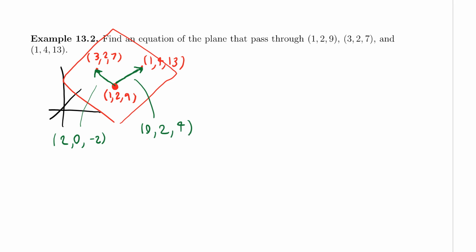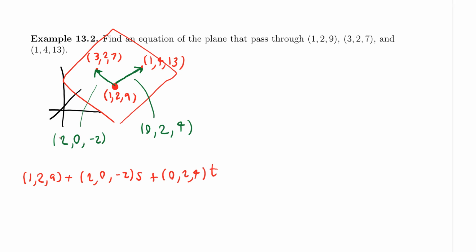So the parametric equation for my red plane is going to be 1, 2, 9 plus s times 2, 0, negative 2, plus t times 0, 2, 4.